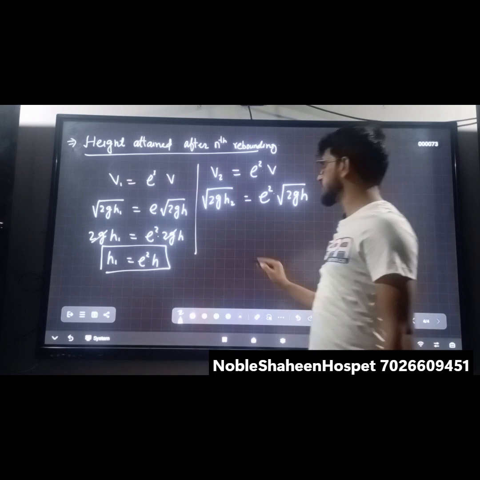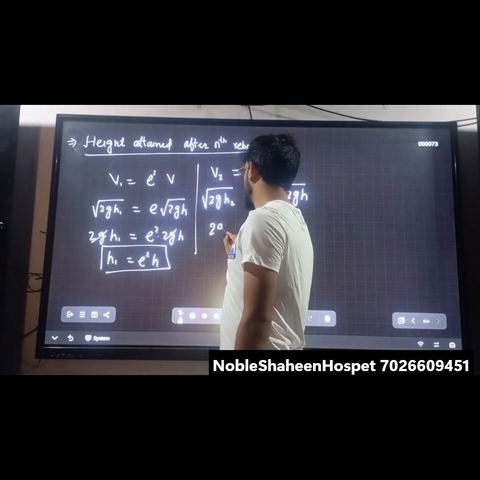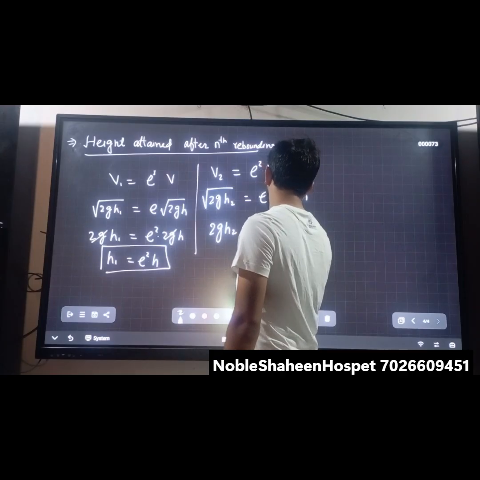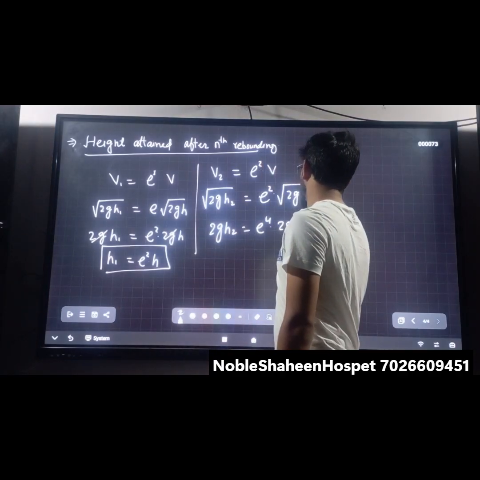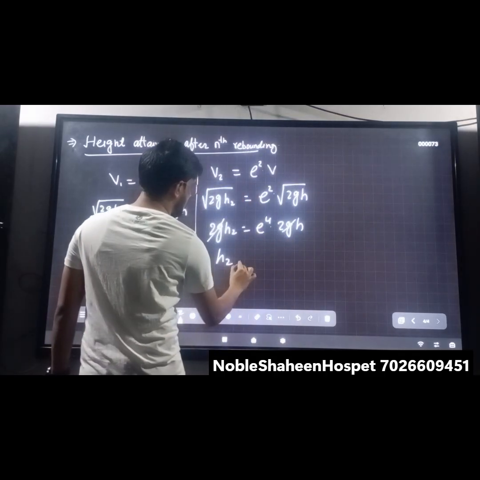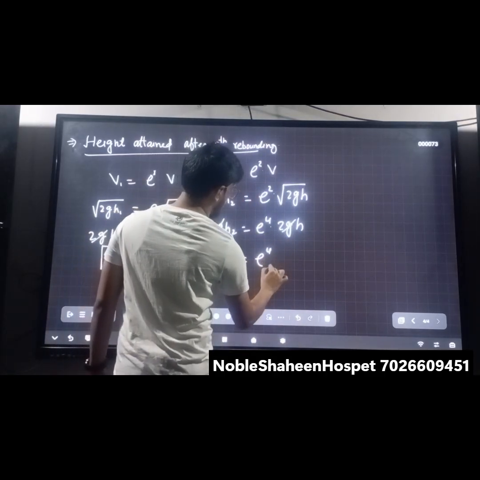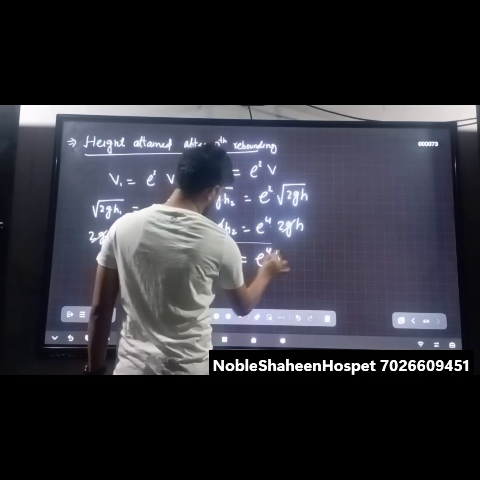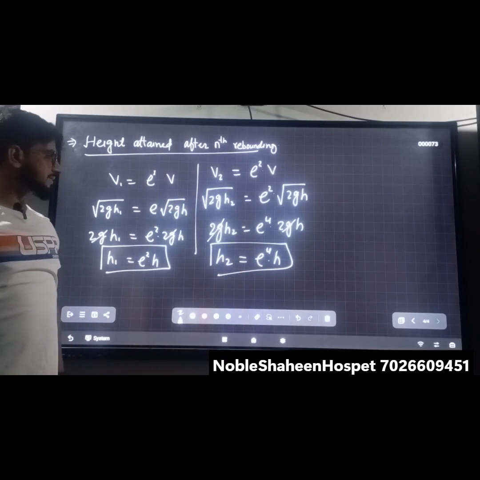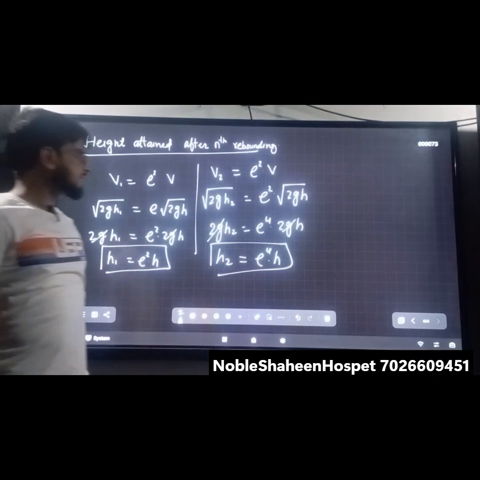Again we will square both sides, we will get 2g h2 is equal to e to the power 4 into 2gh. 2g cancels, so h2 will be equal to e to the power 4 into h. This is the expression for the height attained by the particle after the second rebounding.